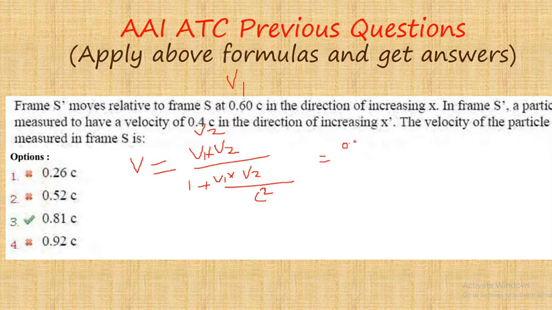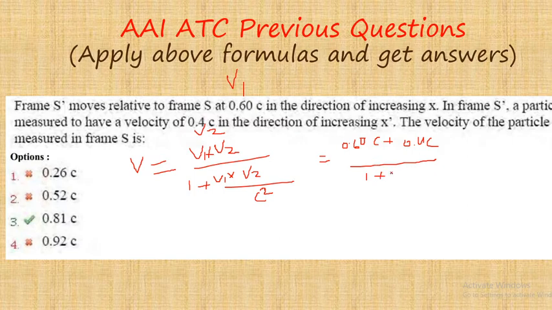So we have 0.60c, next we have 0.4c. Next, 1 plus V1 into V2.